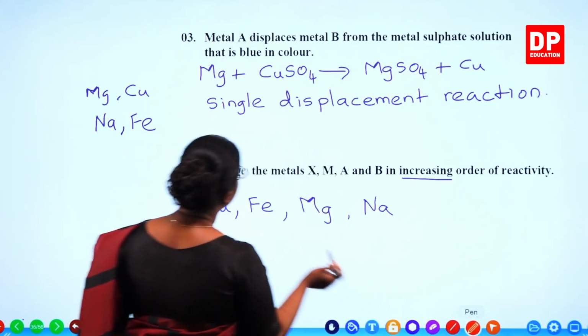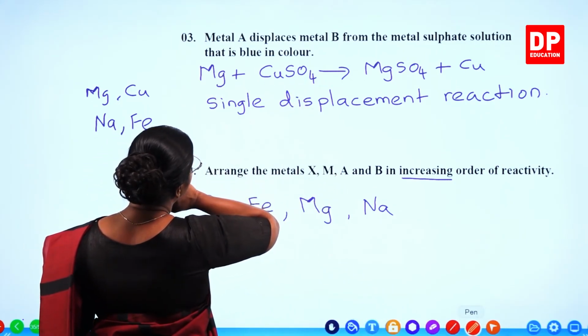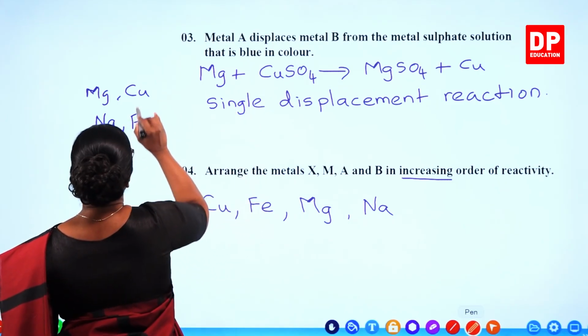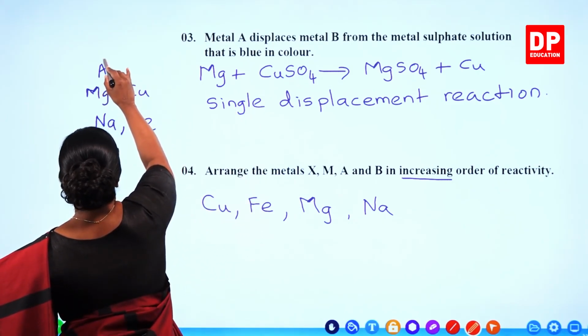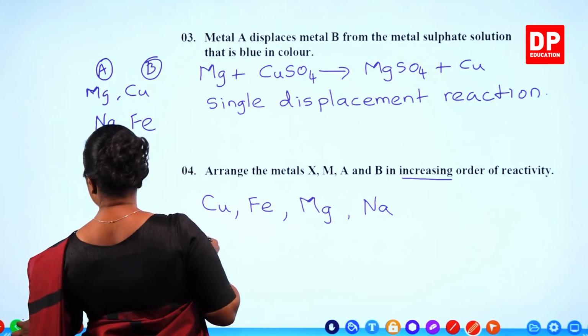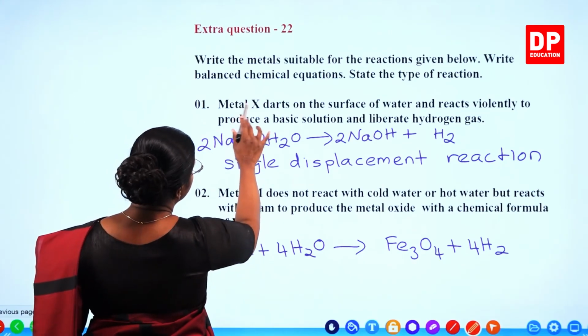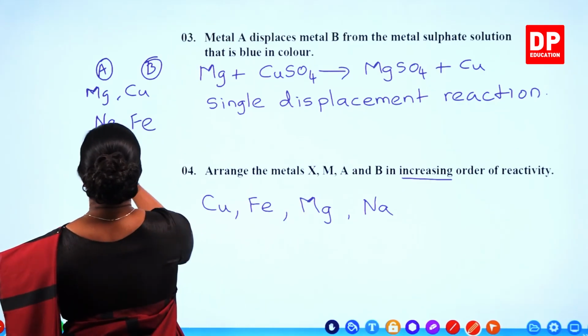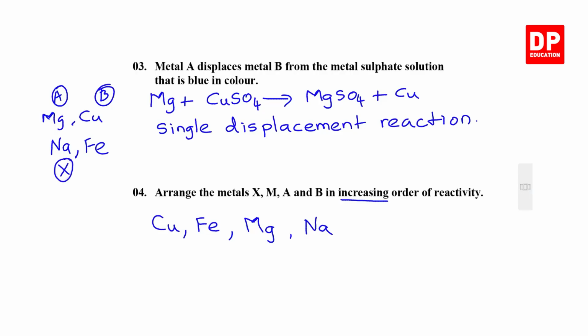So here, from our observation, metal A displaces. So A is magnesium and B is copper, whereas in the previous slide, X is sodium and M is iron.